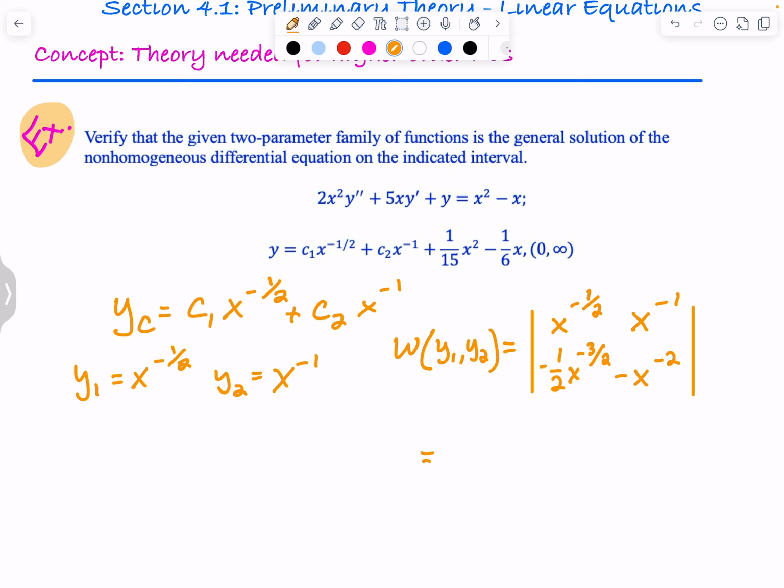If I were to multiply that out, we just have to be careful. First, the backslash diagonal, I get negative x to the negative 2 times negative 1/2, which is a negative 5/2 exponent. Then, because it's going to be a minus, but I have a minus and a negative there, it's plus 1/2 x to the negative 5/2.